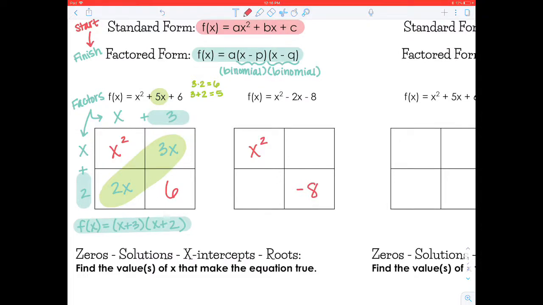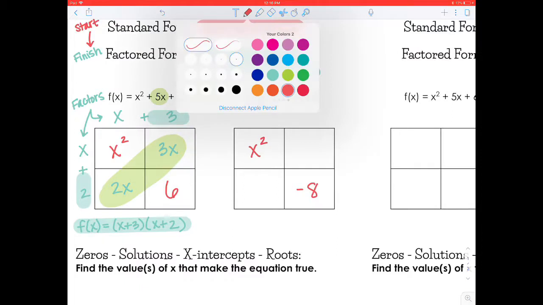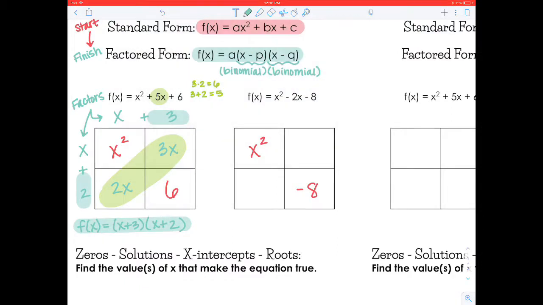That's a negative 8, so don't forget to write negative 8 and not a positive 8. Okay, and then we can start filling out the parts of the binomials that we know. We always know right off the bat that x times x gives us x squared. So that's our length and width for that first box.